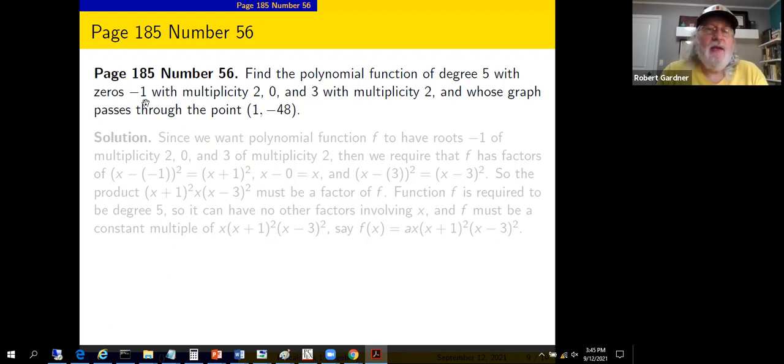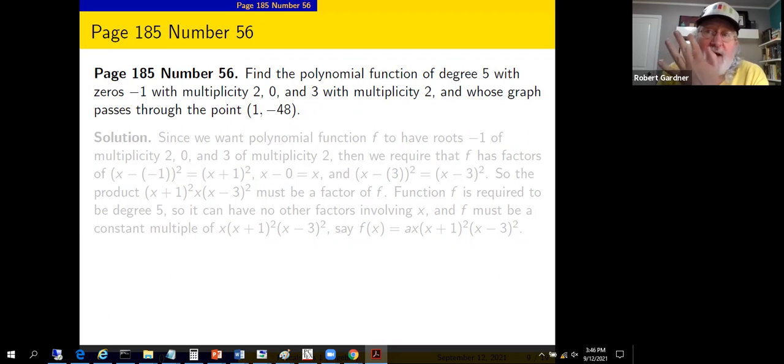So they're saying -1 is a zero of multiplicity 2. 3 is a zero also of multiplicity 2. 2 more. And 0, they didn't write this clearly, but 0 is a root of multiplicity 1.